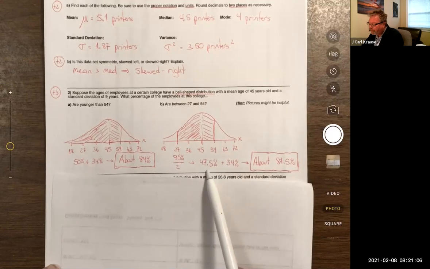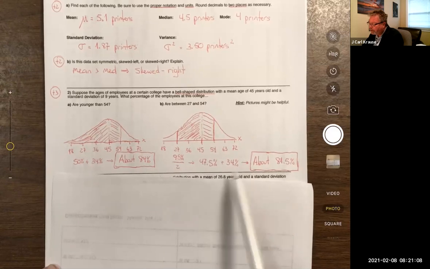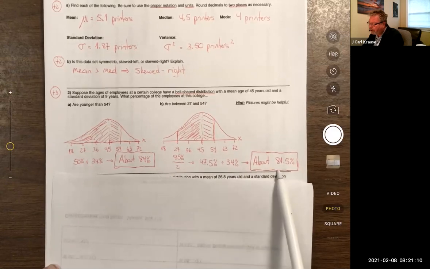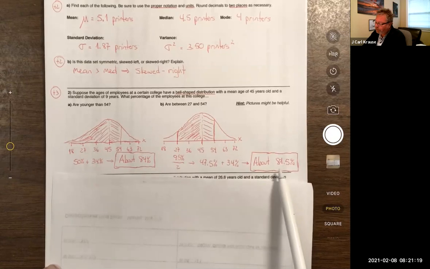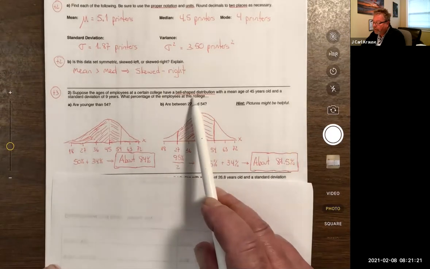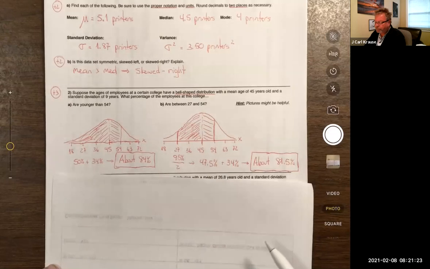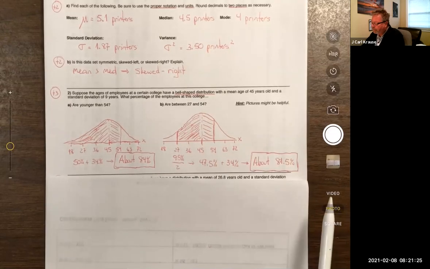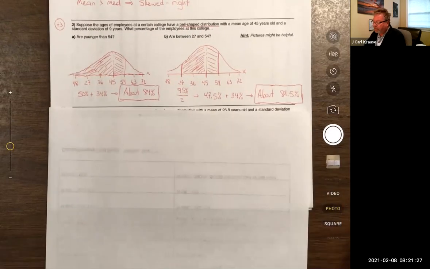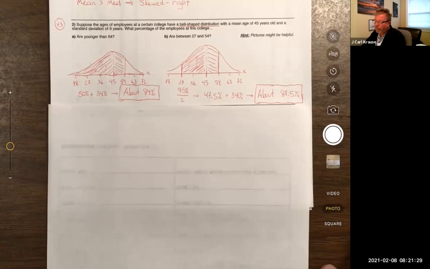So that gives you 47.5%, plus that 34% there gets you about 81.5%. Okay, now we can do it that way because we are told explicitly that we have a bell-shaped distribution. So this one went pretty smoothly.